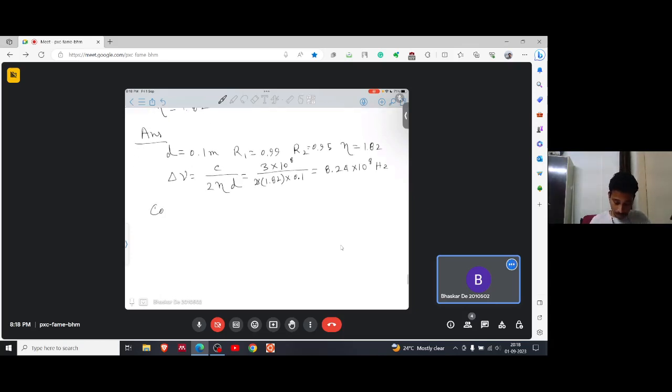Now cavity loss excluding mirror transmission equal to 2% per pass.